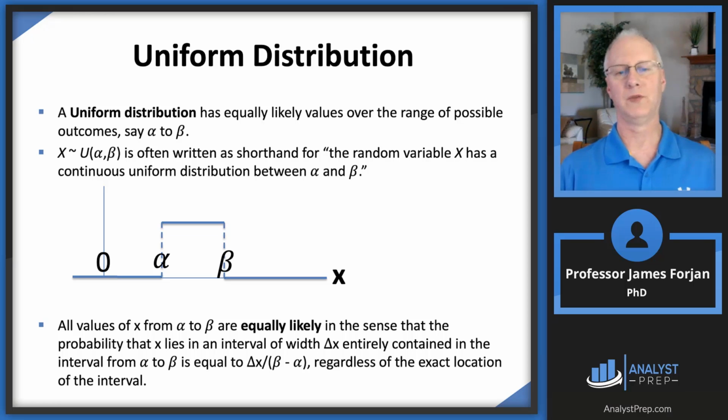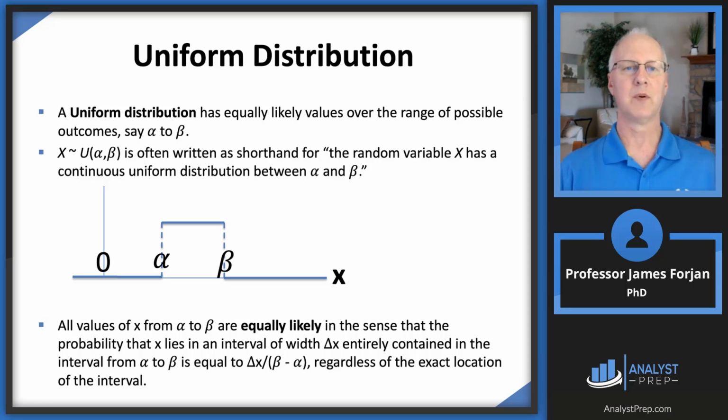It has a minimum value of alpha and a maximum value of beta. So remember, there are no values that fall between 0 and alpha, and there are no values that fall between beta and whatever that big number is over on the right.